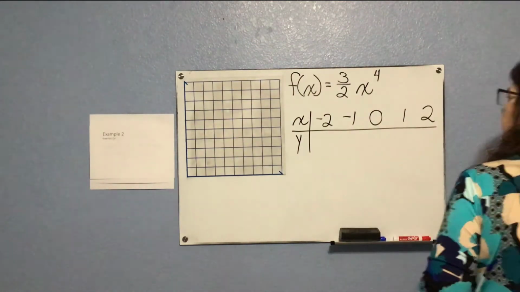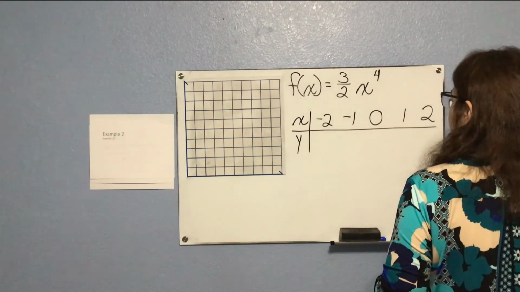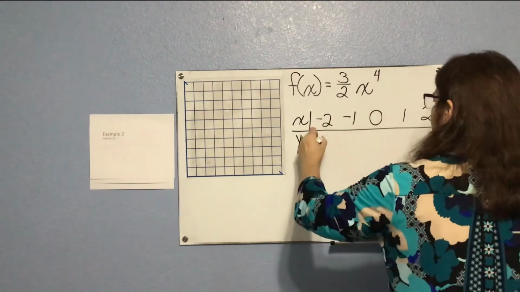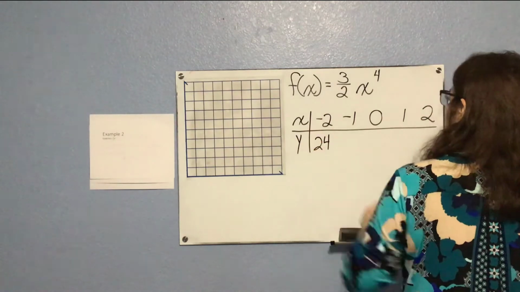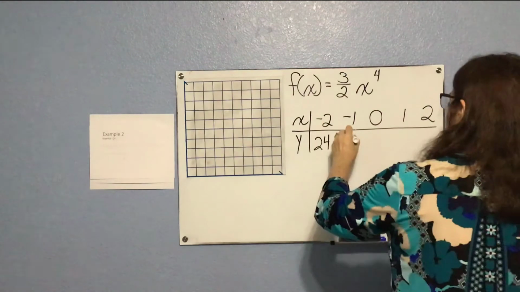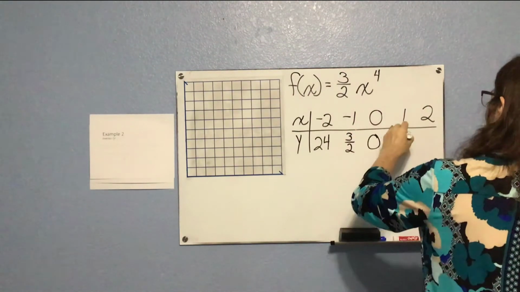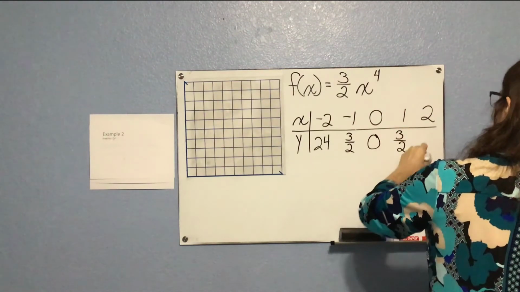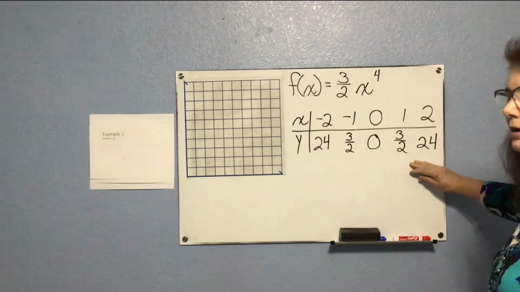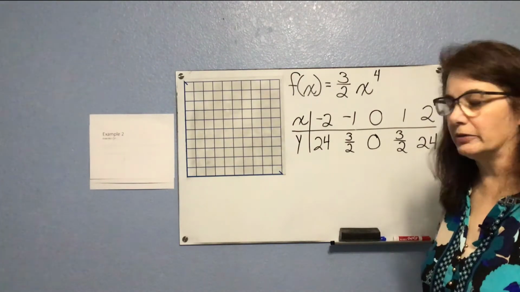For this one, negative 2 to the 4th would be 16. Divided by 2 would give us 8, times 3, so 24 here. Negative 1 to the 4th is going to be 1, so this is just 3 over 2. 0, then 3 over 2 again, and 24 again. So you can see, just like our 2nd degree polynomial, this polynomial is symmetric.